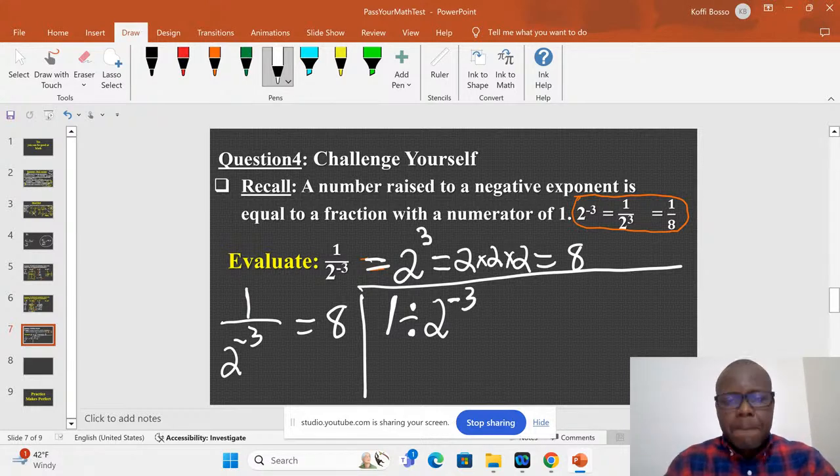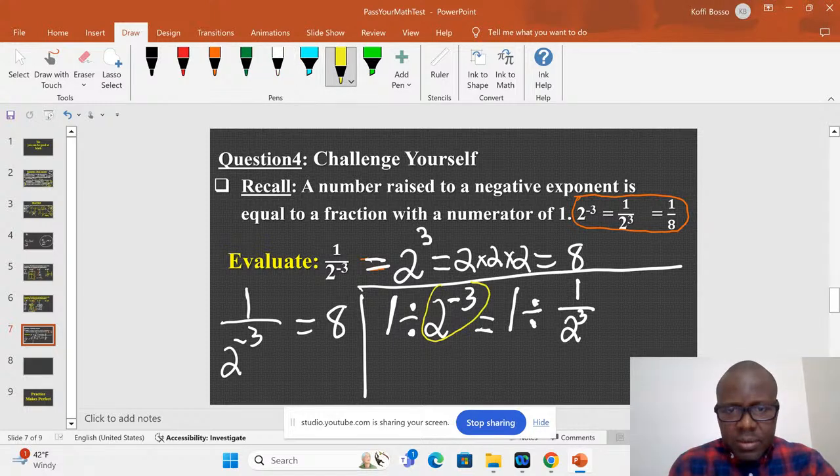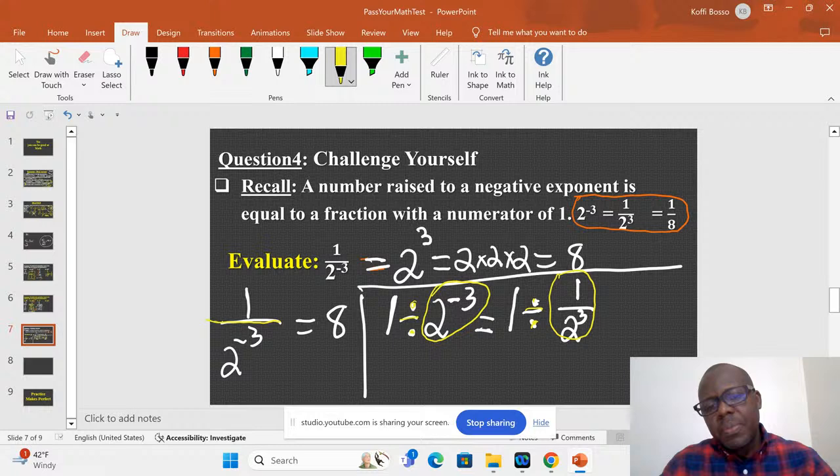This is the same as 1 divided by 1 over 2 raised to the third power. Understand that division here is replaced by the division bar, and I use it like that so you can see clearly why 1 divided by 2 raised to negative 3 power is 8.